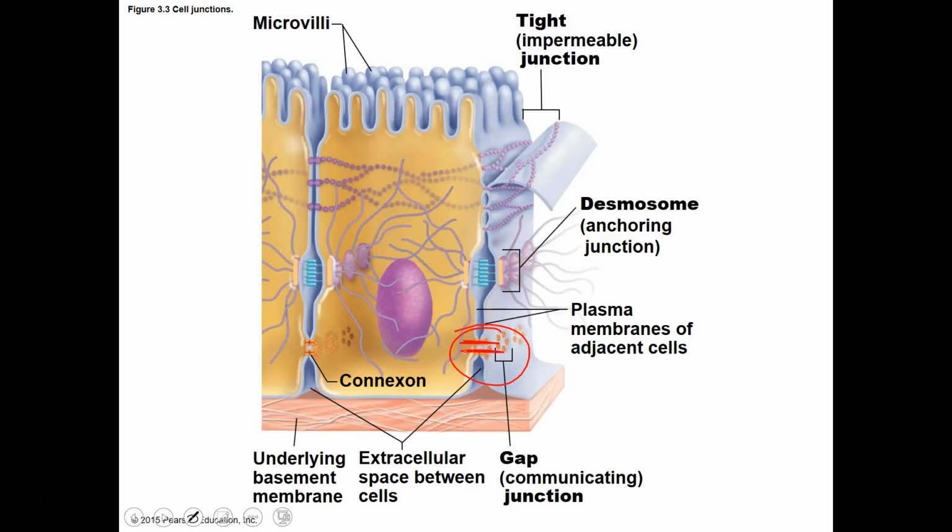The desmosomes right here, you can see the finger-like projections that go to the inside of that cell, and the way that they bond here in the middle creates a really, really tight anchor. And the tight junctions up here at the top are mainly because of the stickiness of these sugars on the surface. They help with that stickiness, so that they adhere together.